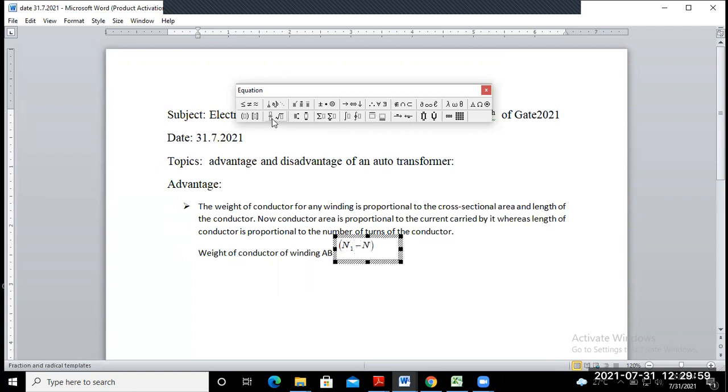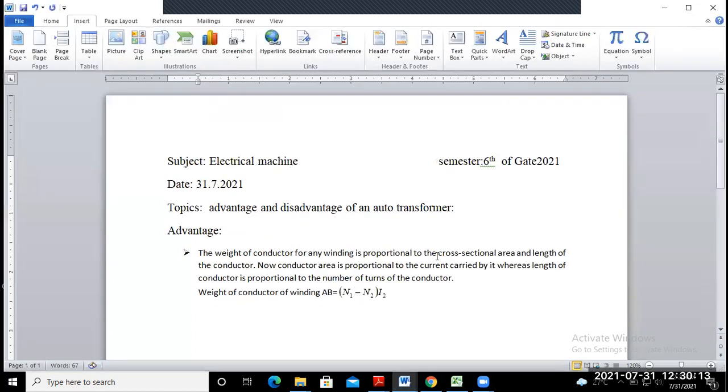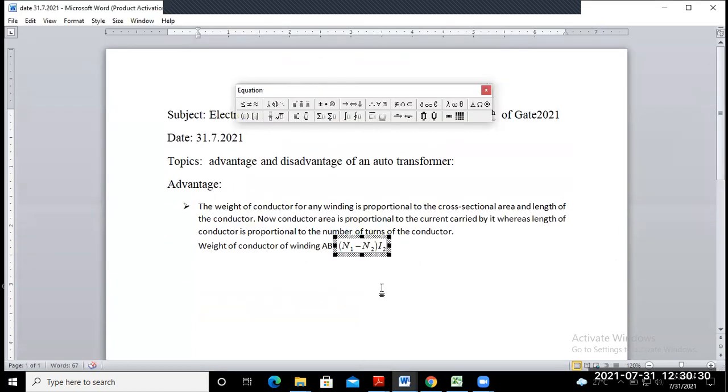So it is directly proportional to (N1 minus N2) into I1. If we write equality with some constant of proportionality, the weight of conductor of winding AB equals (N1 minus N2) into I1.